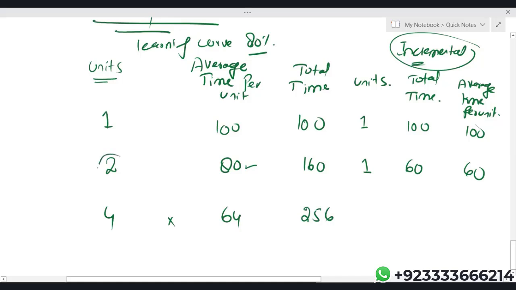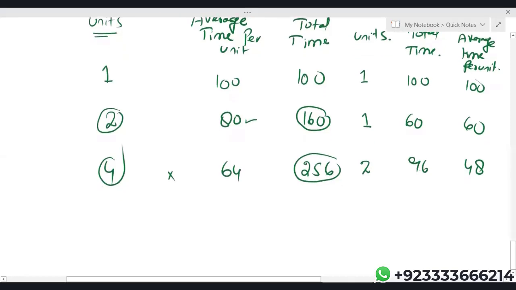Previously this individual produced 2 units, now 4, so incremental is 2. How many incremental hours? For 2 units, total time was 160. For 4 units, total time is 256. So the incremental time is 96. Now, average time per unit, 96 divided by 2, I'm getting 48. Slowly and gradually, you will get a better understanding.